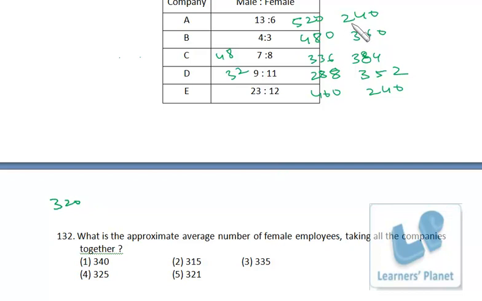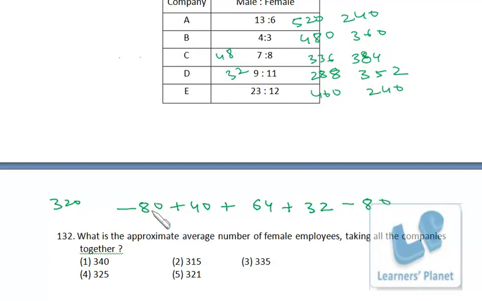And we can see the deviation. So 320 is the assumed average. Now this is 80 less than 320. So it's minus 80, it's plus 40, it is plus 64, then this is plus 32, this is minus 80, right?